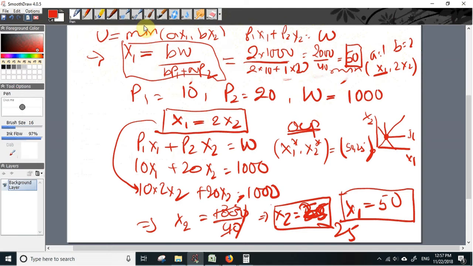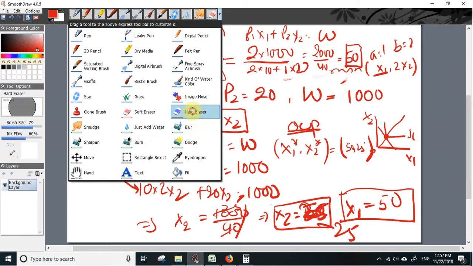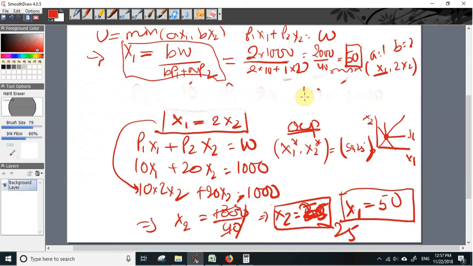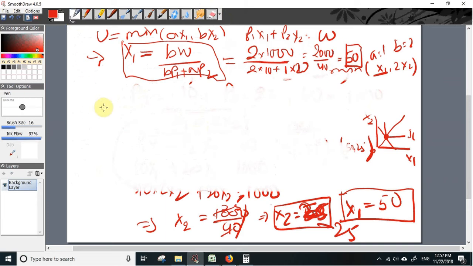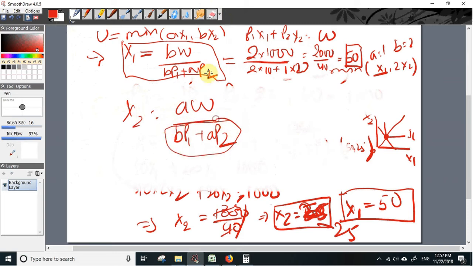Similarly, the optimal commodity purchase of the second commodity can also be derived using this formula. The formula is x2 equals aw over b p1 plus a p2. So the denominator is the same in both cases, only the parameter in the numerator changes.